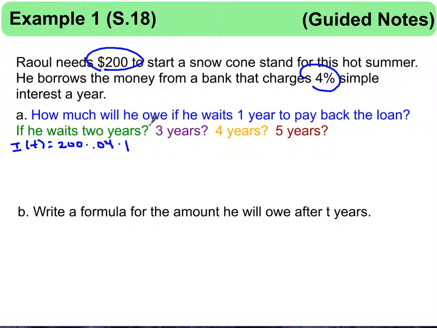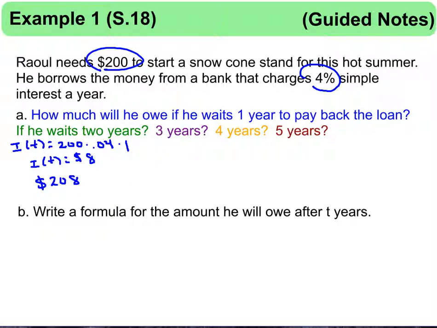So 200 times 0.04 times that 1 year, the interest on that account will have increased by $8. Now, it doesn't mean he just owes $8 to the bank. That means at this point in time, if he waits 1 year, he owes $208 to the bank.